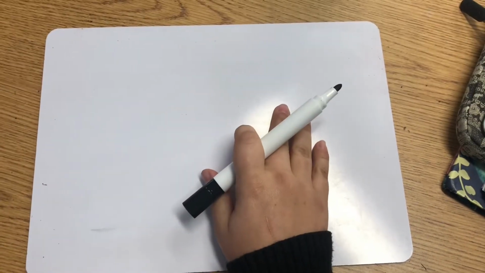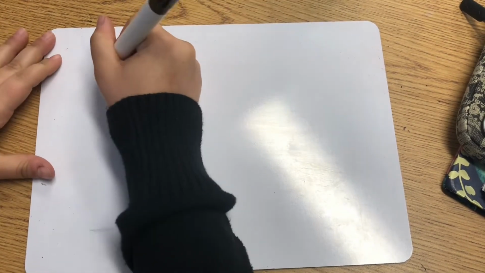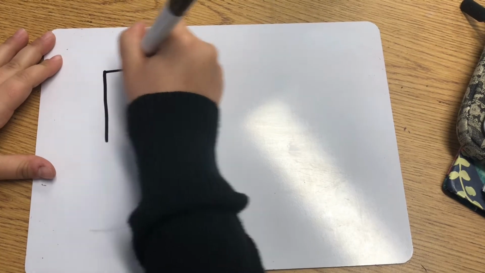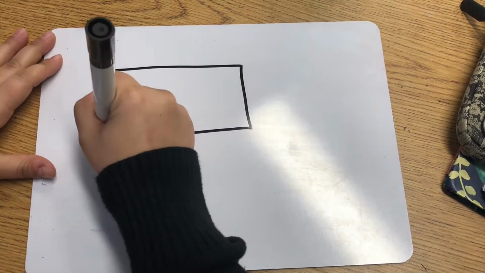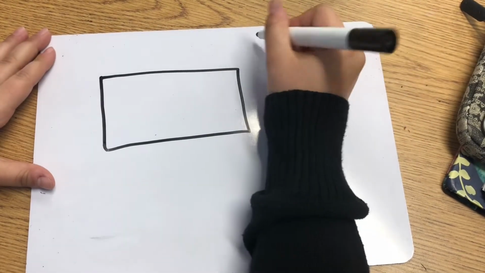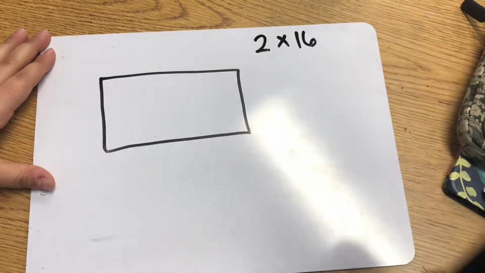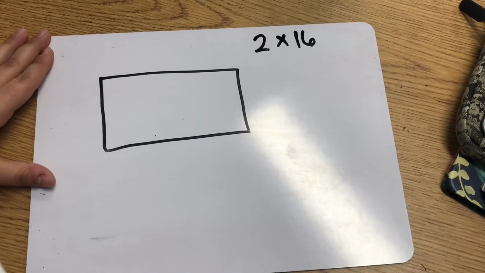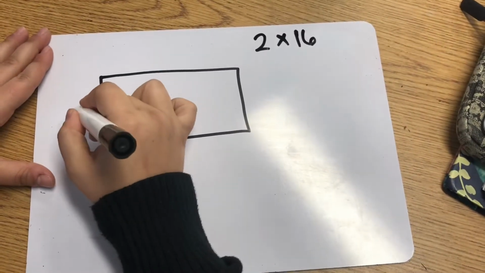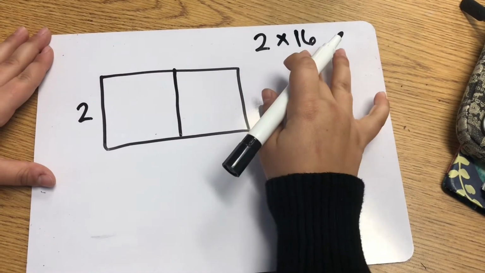One of the ways that we used to do multiplication, sorry, I'm stumbling over my words, would be if we were multiplying, let's say, 2 times 16. If I were to do 2 times 16, I could break it up like this. I'd put the 2 over here. I'd break 16 up by 10s and 1s.